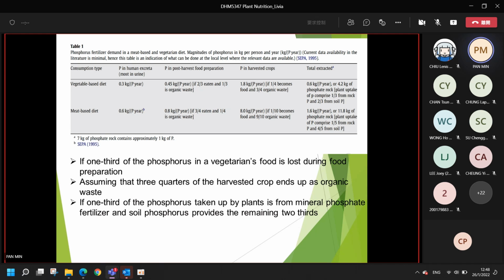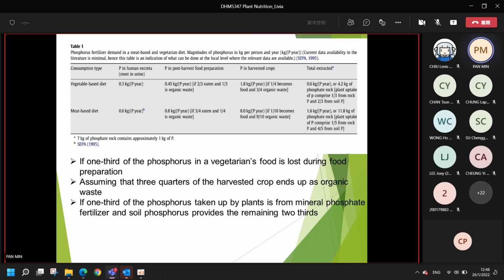And for this table, you can see that it provides an example of such a calculation with a stated assumption. It shows a vegetarian is rated at some 0.3 kilograms of phosphorus per year, according to the WHO 2006 study.